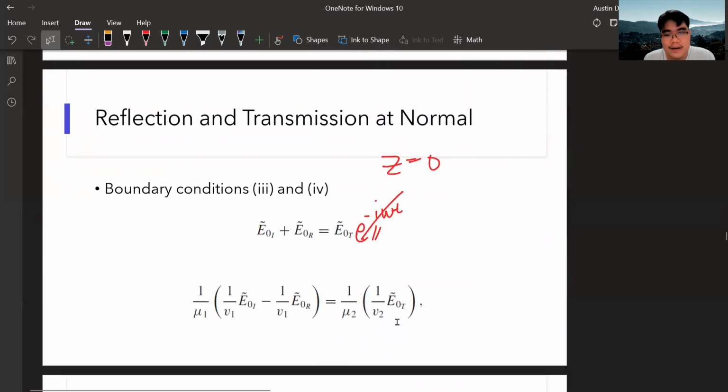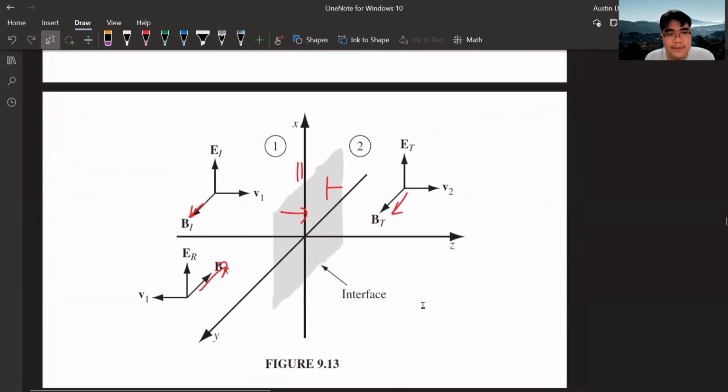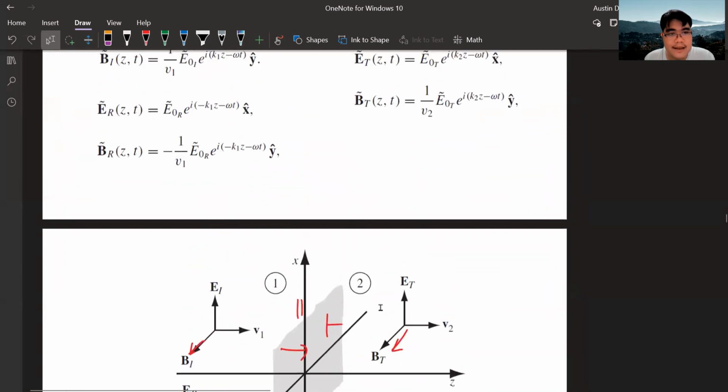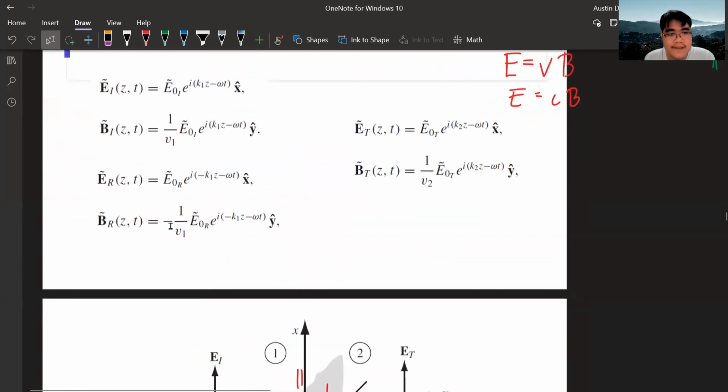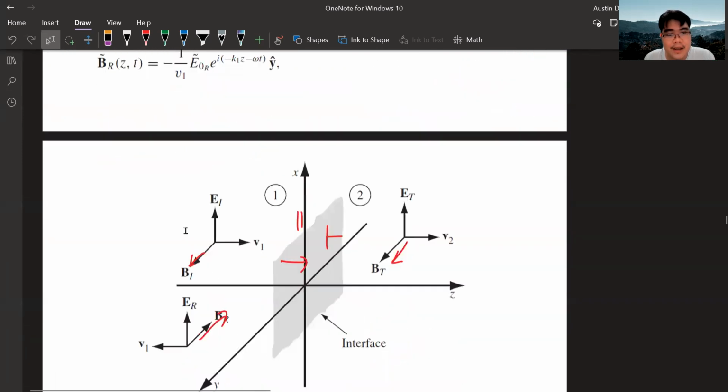Kasi E is equal to V B. So B will be simply E over V. Now, for the left hand side, however, meron kang negative sign dito dahil opposite direction siya.